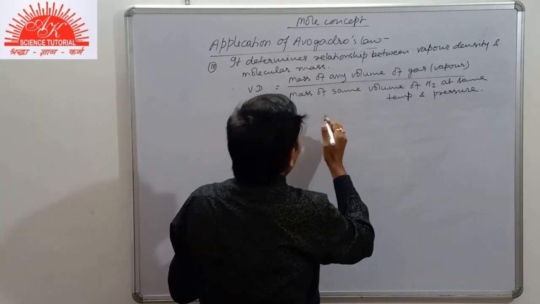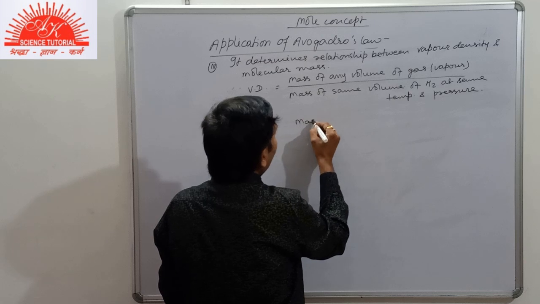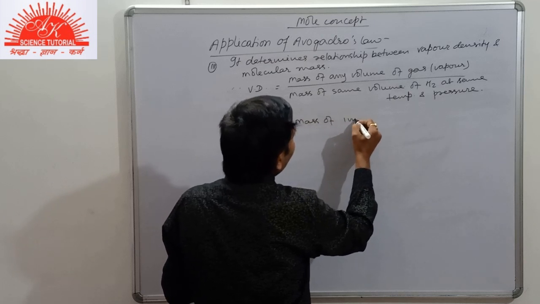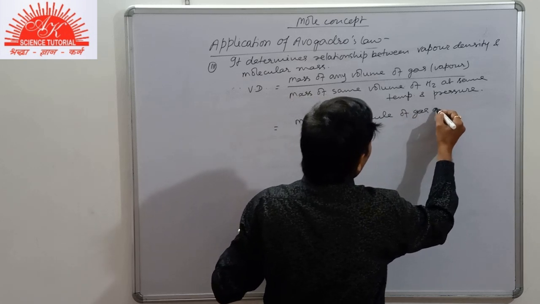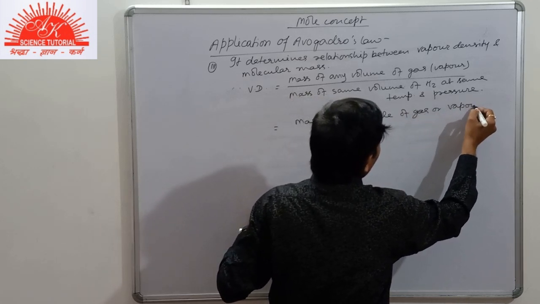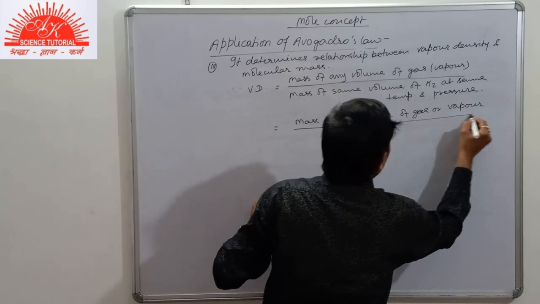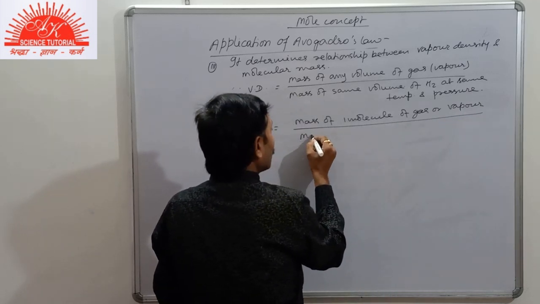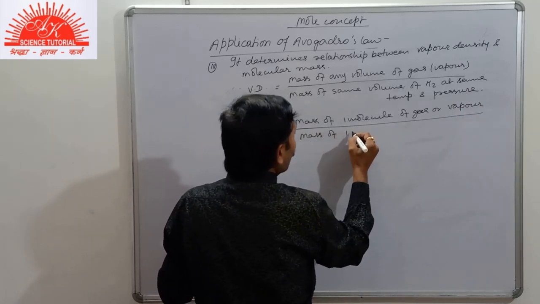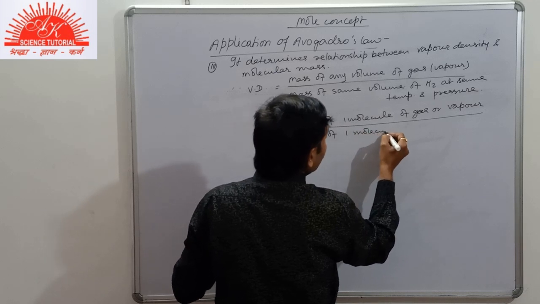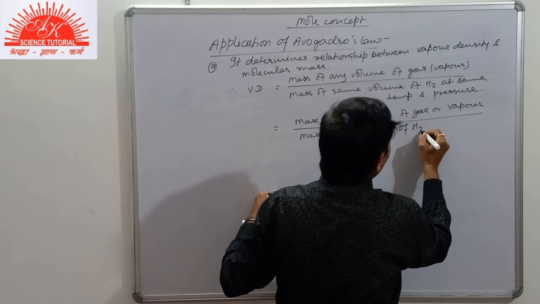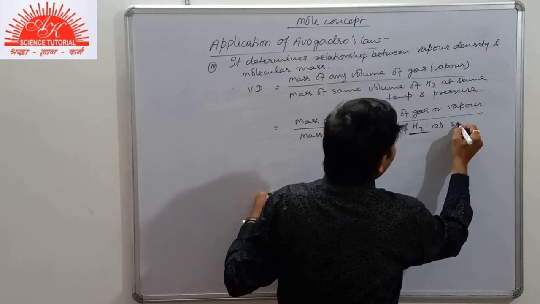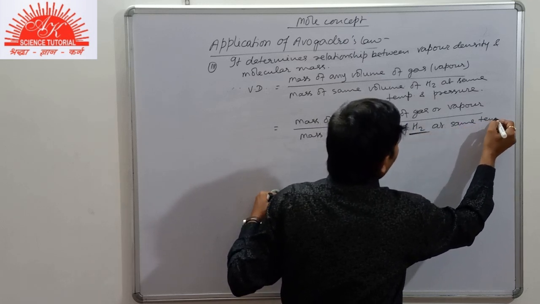So now you write here: mass of one molecule of gas or vapor to the mass of one molecule of hydrogen at the same temperature and pressure.